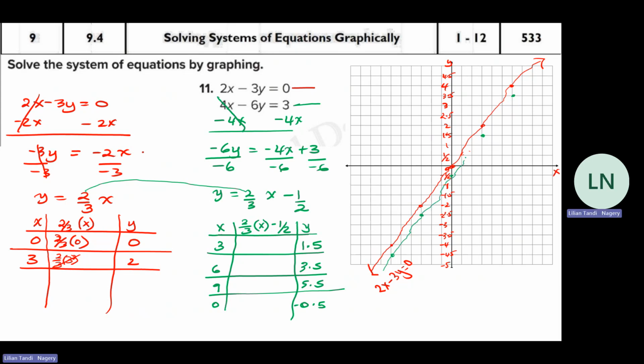Connect your points with a marker, and your lines are parallel. And this will be 4x minus 6y equals 3. And then you're going to write no solution because your lines are parallel.